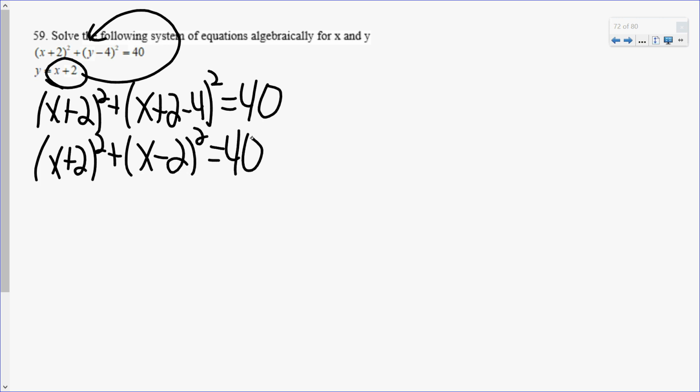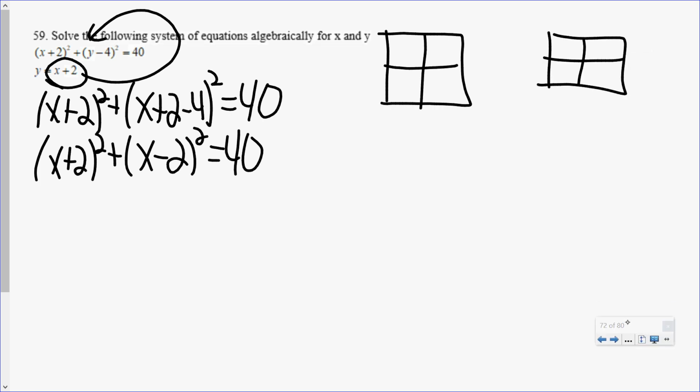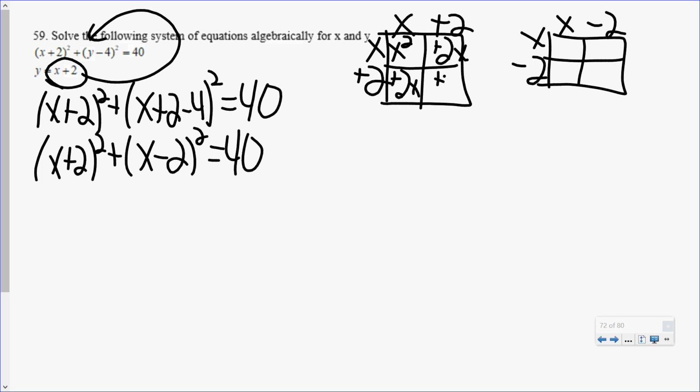And now, because I have 2 square binomials, I'm going to have to do 2 boxes. So I got x plus 2 times x plus 2. I've got x minus 2 times x minus 2. X squared plus 2x plus 2x plus 4.